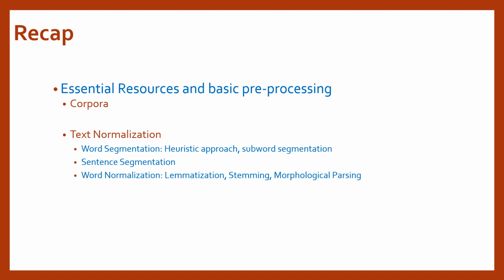I discussed the heuristic approach and asked you to go through subword segmentation or subword tokenization in the particular section of Jurafsky's book. We discussed the heuristic approach to sentence segmentation, and then we talked about lemmatization, stemming, and morphological parsing. So the first assignment is based on whatever we have discussed until now and what we are going to discuss today, and maybe the next one or two classes.